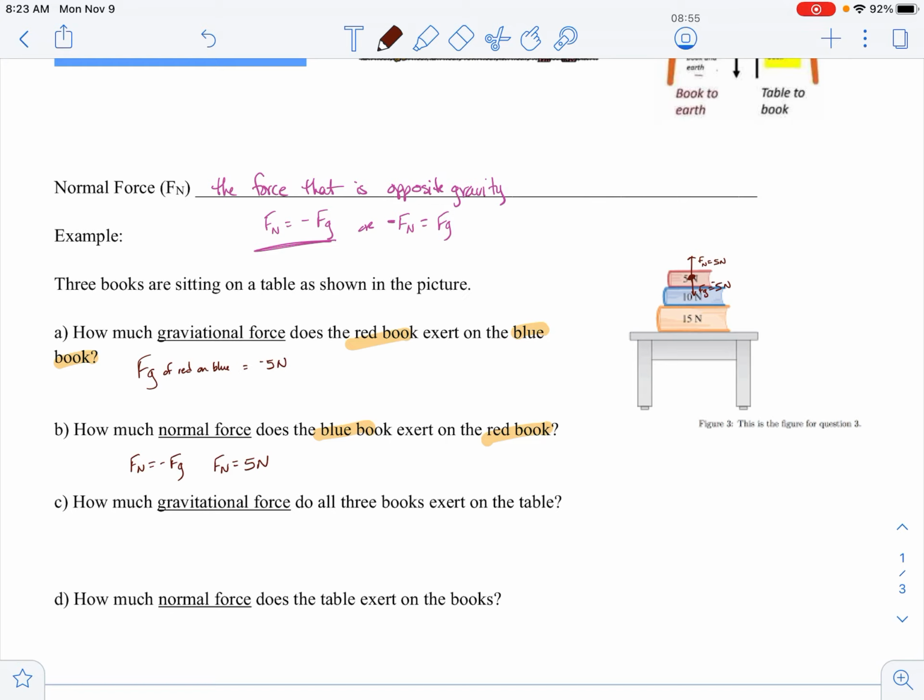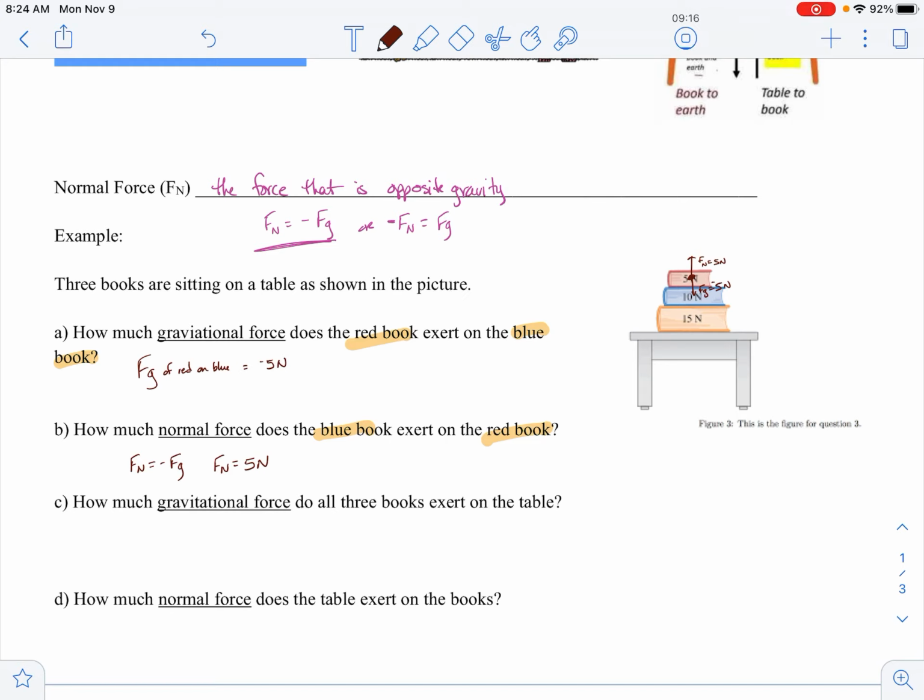Yes, it does. But remember, that's the downward force of the blue book. So the upward force on the red book can only be as big as the downward force of the red book. If we're looking at the blue book and the, what would you call that, orange book, then the downward force and upward force would be 10 newtons because that's how heavy the blue book is.